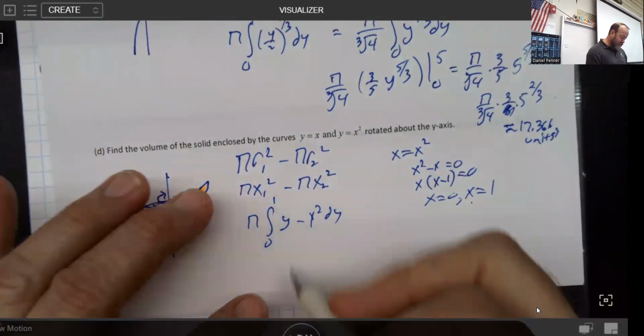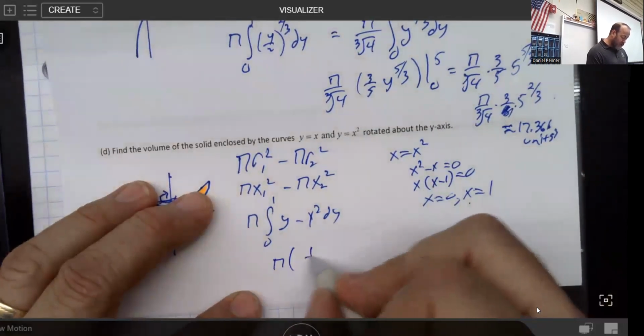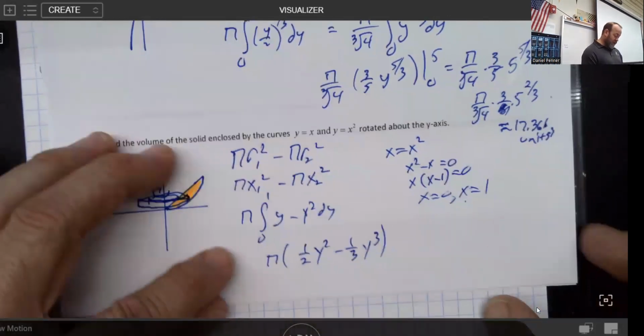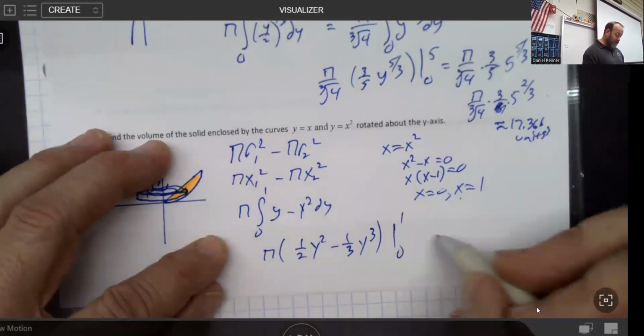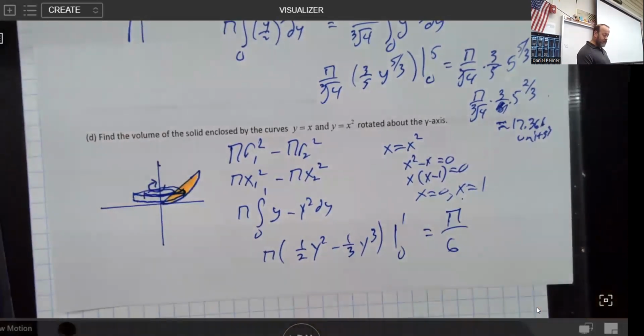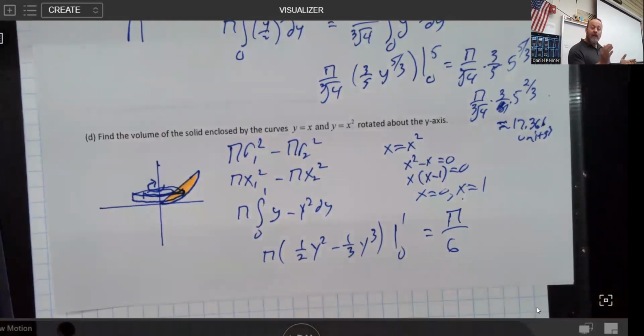And so a pretty simple value, 1/2 y squared minus 1/3 y cubed. Let's evaluate that nicely from 0 to 1. And we get a very simple pi over 6 because 1/2 times 1 minus 1/3 times 1 is 1/6. And we are out. We're done with problem number 8. All right, see you back.